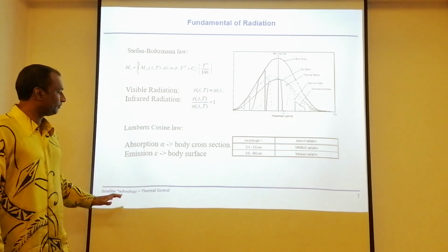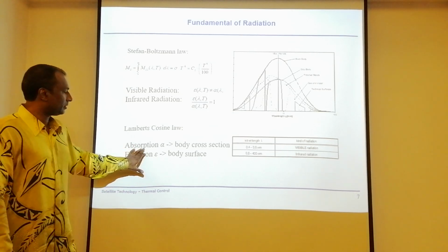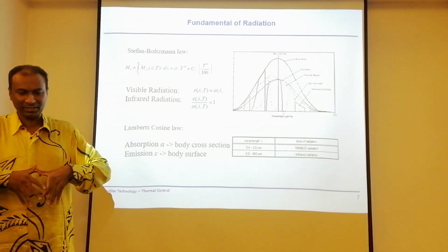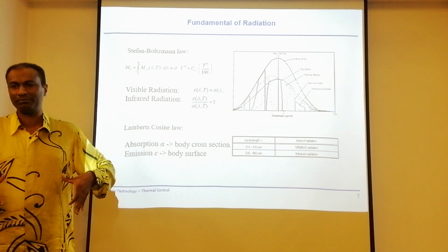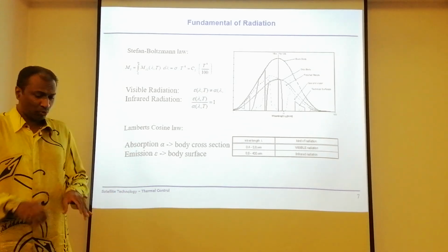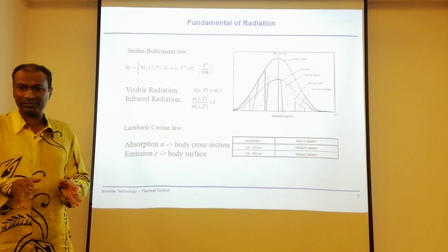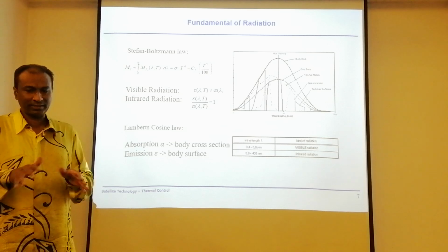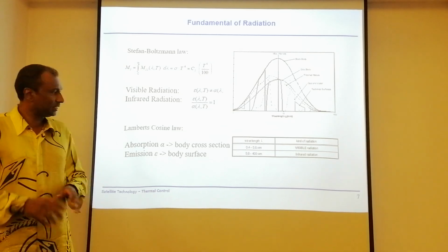What it says is that when you do absorption, what is important is the cross section involved. Emission, always look at the surface. The surface of any emitting body, you are going to calculate the actual surface.